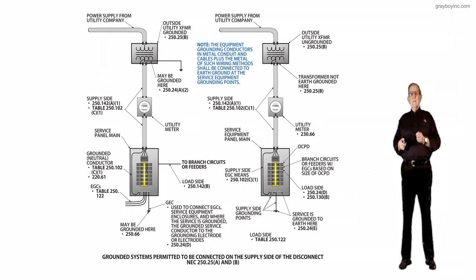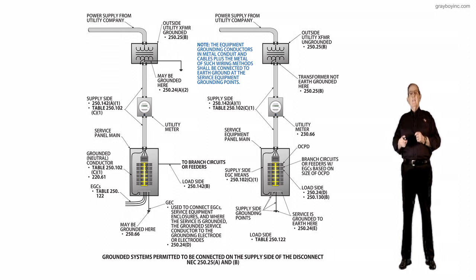So the callout basically says, used to connect equipment grounds, service equipment enclosures, and where the service is grounded, the grounded service conductor to the grounding electrode conductors or electrodes formed together to create a grounding electrode system in accordance with 250.24(D) that we would look at.